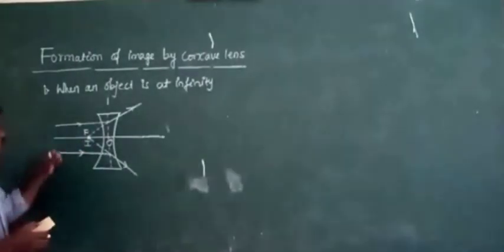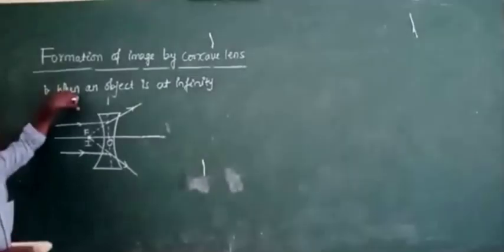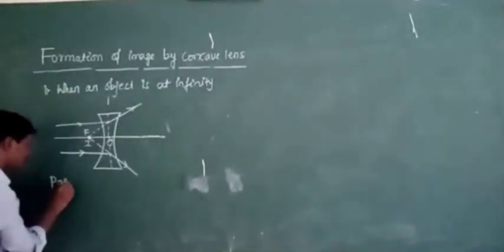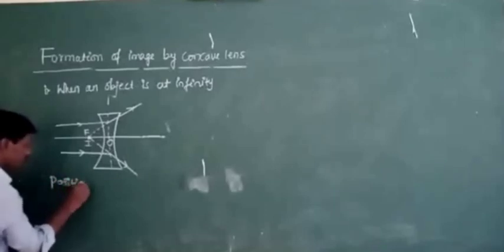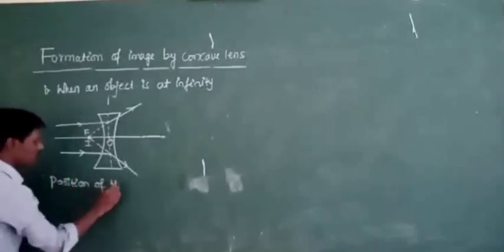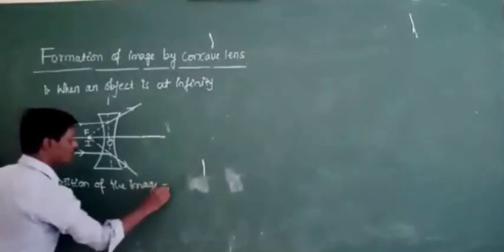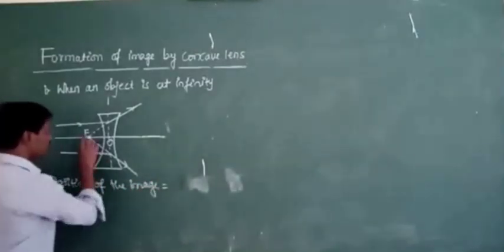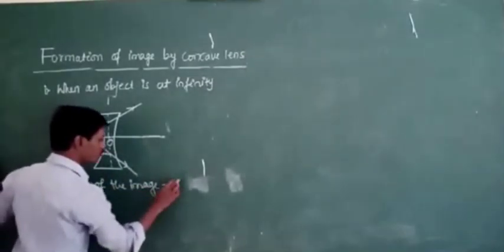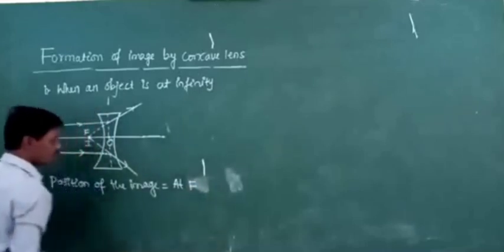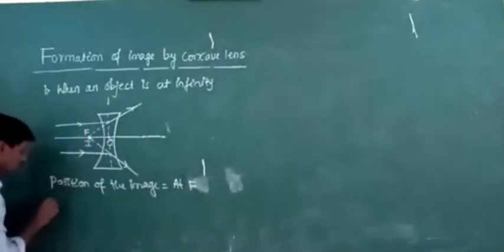Now let us explain the features of the image formed here. First one, position of the image. Where is the image formed? Image is formed at F. And next, what is the nature of the image?